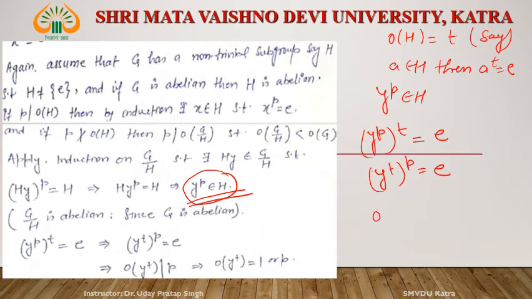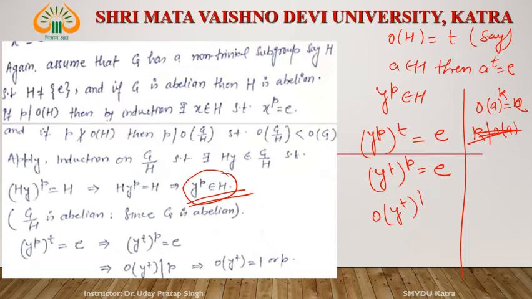Suppose the order of a is k, then k divides the order. Then the order of y^t must divide p, okay?